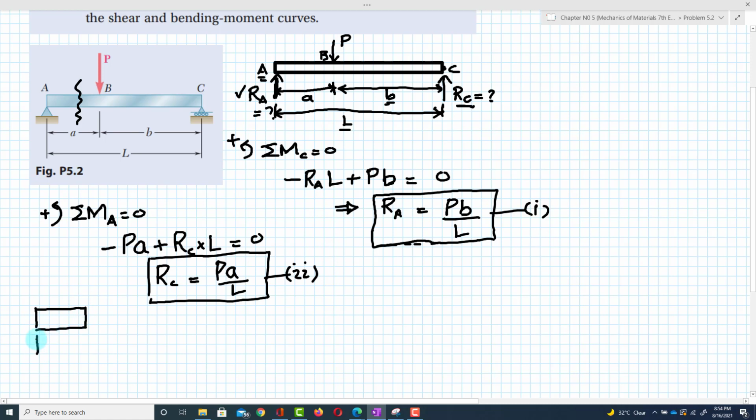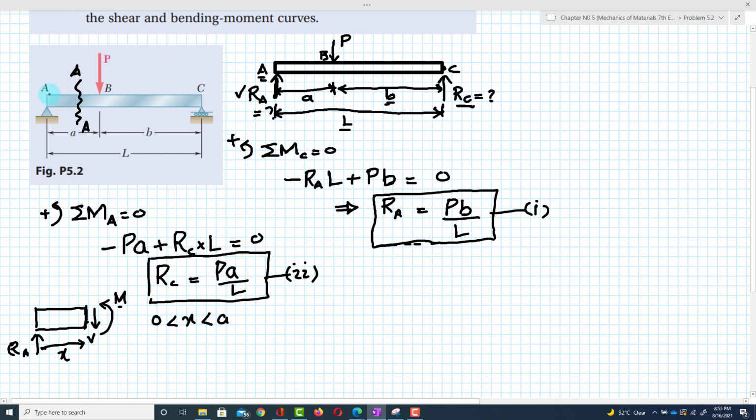This is RA, the reaction force at point A. If you cut the beam at this section, AA, there will be a shear force and a couple, a moment. This force is V and this moment will be M. Clear? Let this distance be X. Now this X is greater than 0 and less than A.